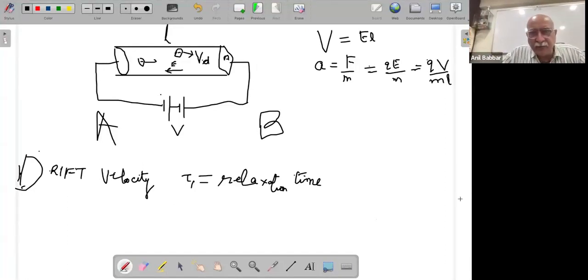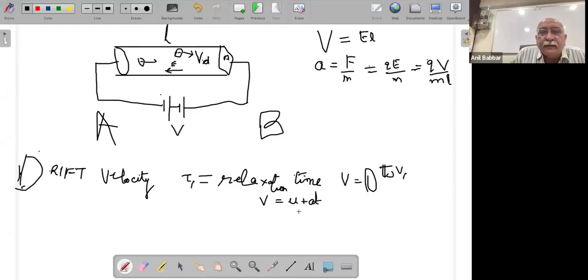And in this time, velocity increases from v equal to 0 to v1. Using the equation v is equal to u plus at, we have v1.